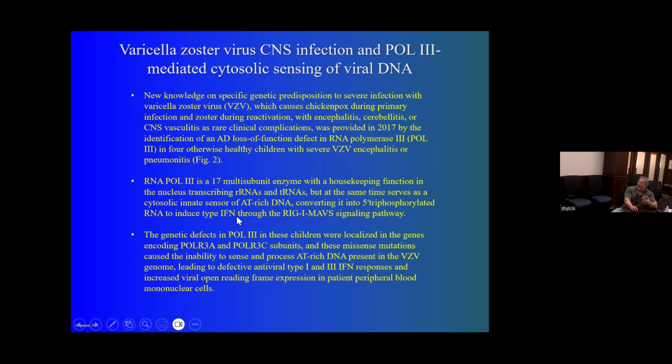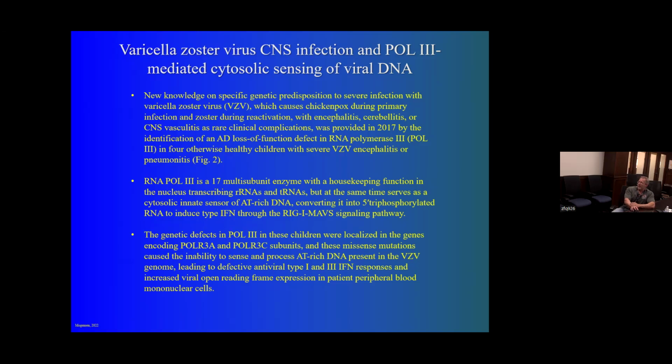Starting to see a bit of a pattern here. We got reduced interferon production through the TLR3 deficiencies. We got reduced interferon production through the autophagy pathway deficiencies. And now we're seeing reduced interferon production through the deficiencies in RNA polymerase 3 and its ability to sense these AT-rich viral DNA segments that are coming in.